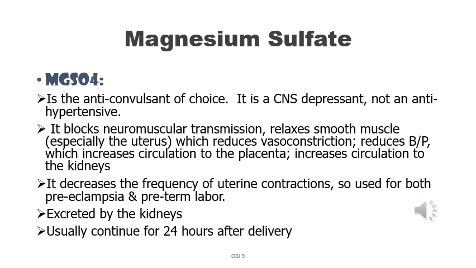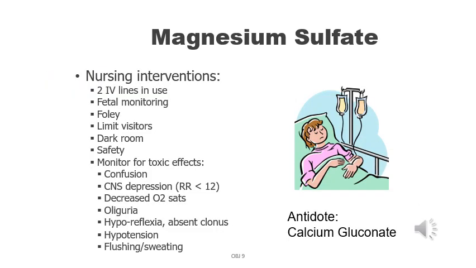Reduces blood pressure, which increases circulation to the placenta and the kidneys. It decreases the frequency of uterine contractions, so it's used for both preeclampsia and preterm labor. It is excreted by the kidneys, and we usually continue these women on the mag sulfate for 24 hours after delivery.